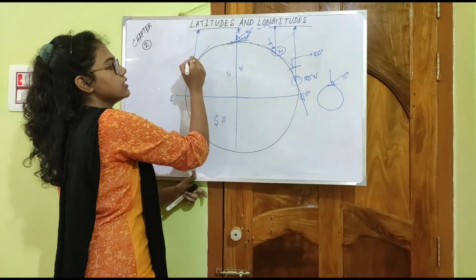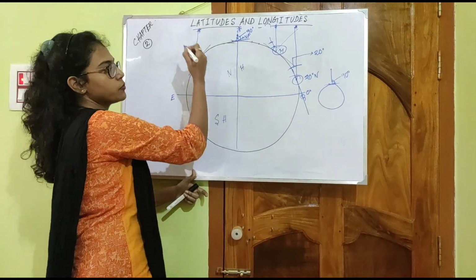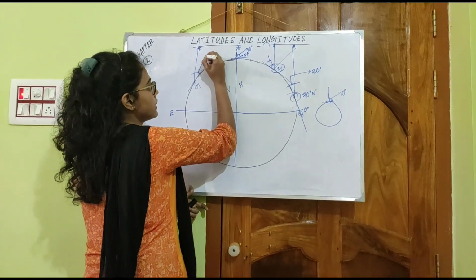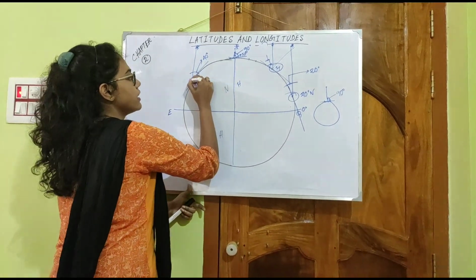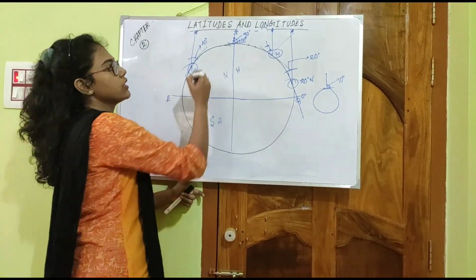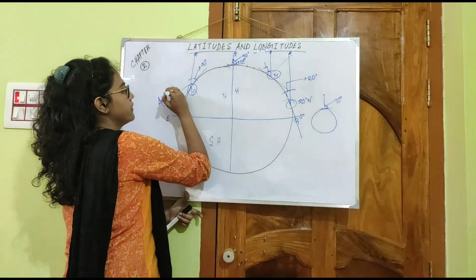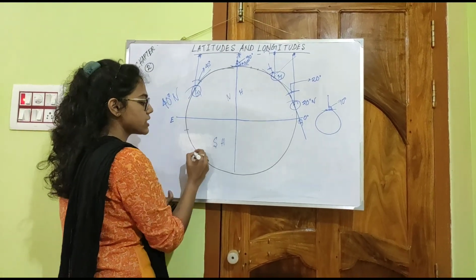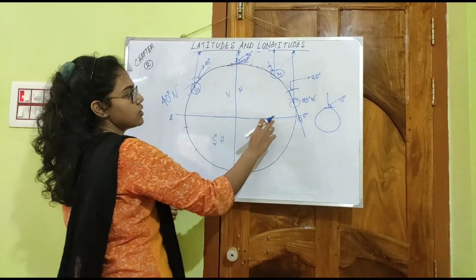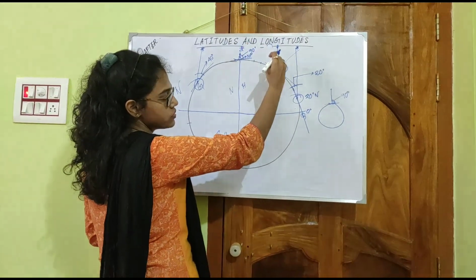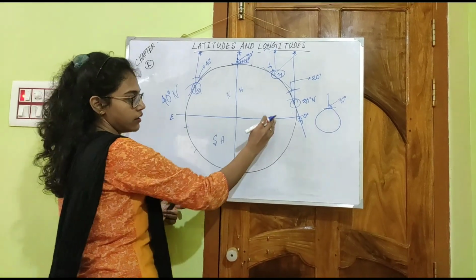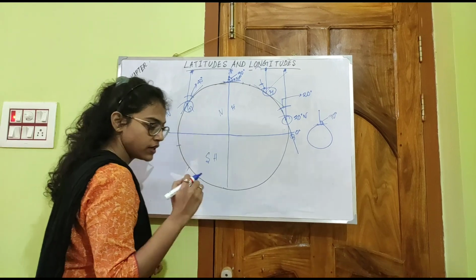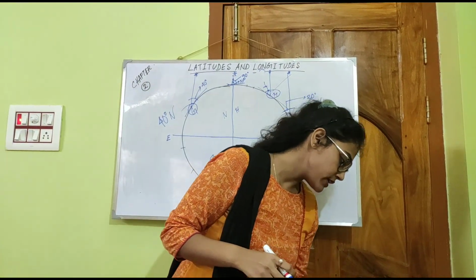From my place to the north pole star, whatever altitude we get, if it is 40 degrees, then the latitude will be 40 degrees north. We cannot use the pole star in the southern hemisphere because we cannot see it after the equator. So that is the explanation of figure 2.8.